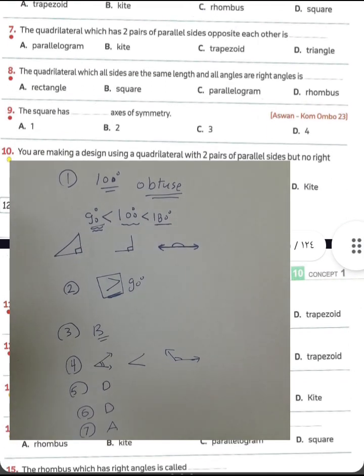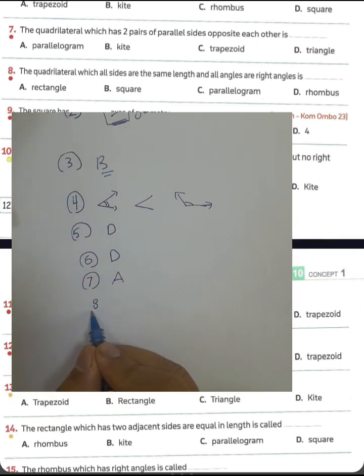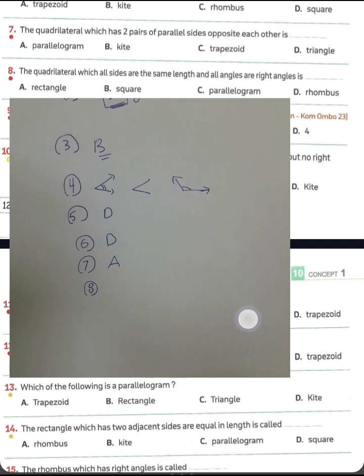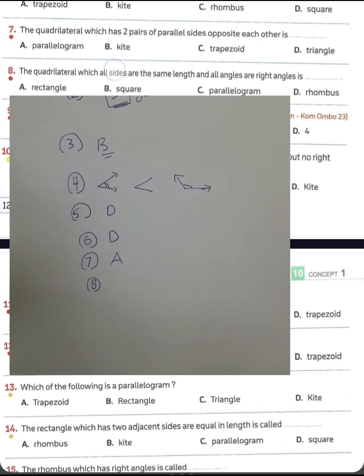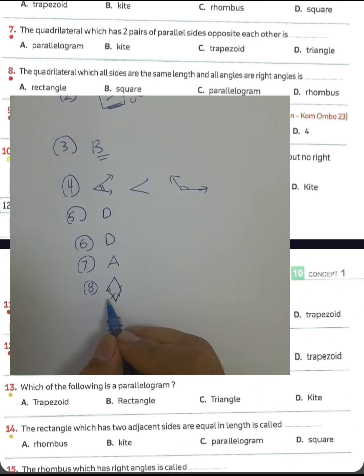Question 8: the quadrilateral in which all sides are the same length, but the angles are not right angles, we call it a rhombus. All sides are equal in length and the angles are not right.